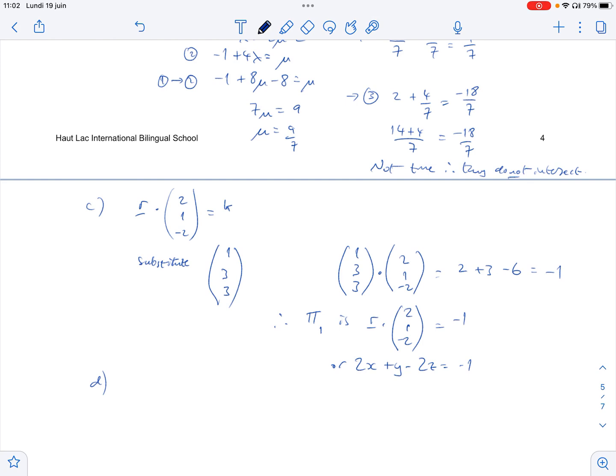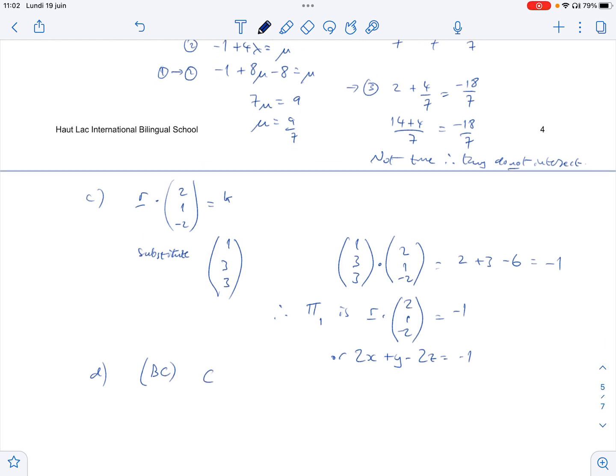Part D, show the line BC lies in the plane pi 1. So BC, C lies in the plane, because we've already done that. Back in part C we showed that C lay in the plane to make that equation, so that works. Now we need to show BC is in the plane.